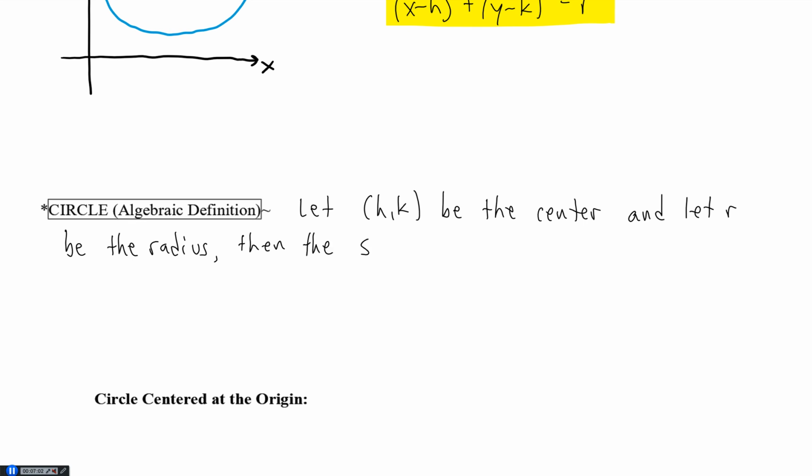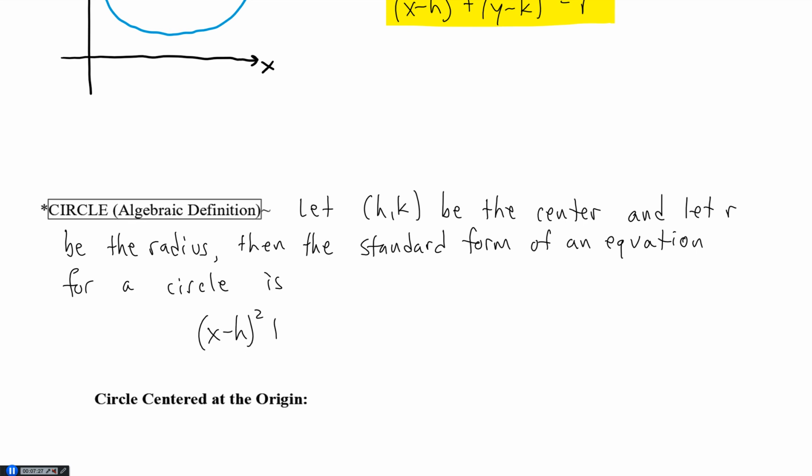Then the standard form of an equation of a circle is given by what we just came up with: (x − h)² + (y − k)² = r².